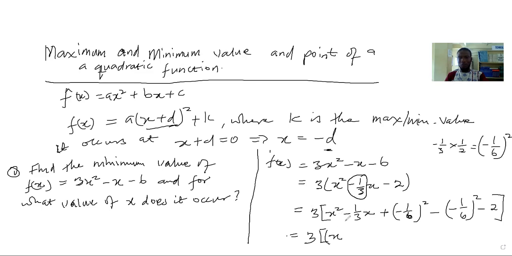X for the first square, then minus 1 over 6 for the second square. Then you square both of them. That means you have factorized this. Then now we have minus negative 1 over 6 squared is 1 over 36 minus 2. We close our bracket.